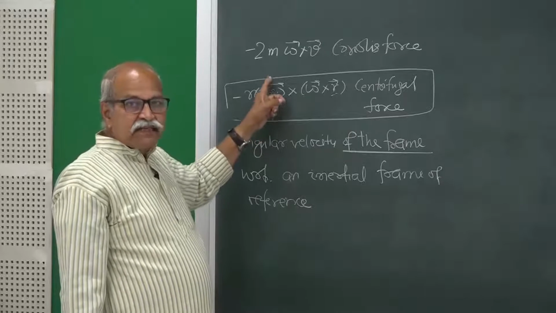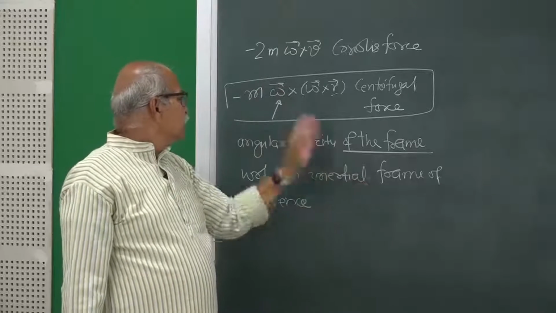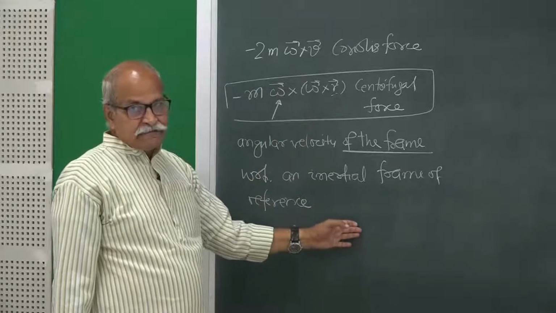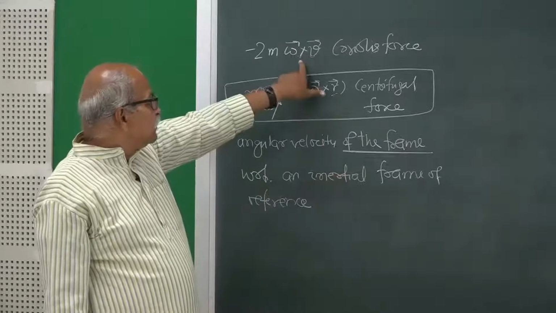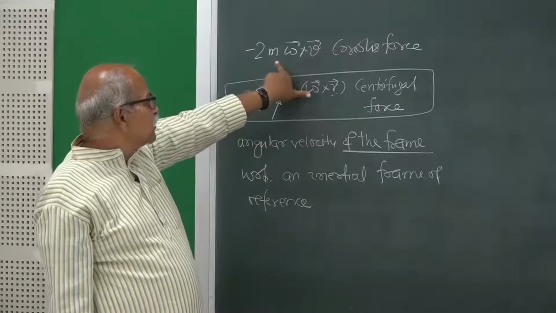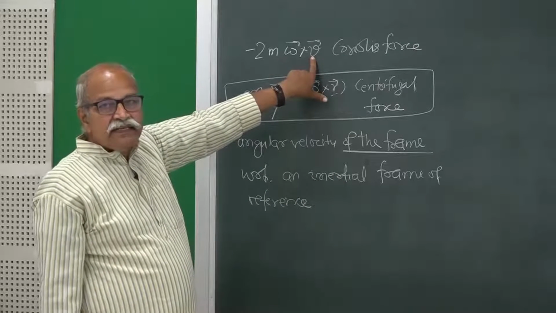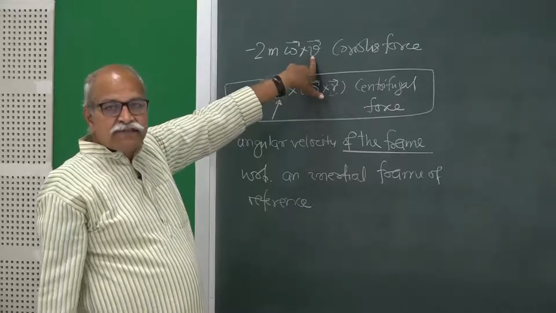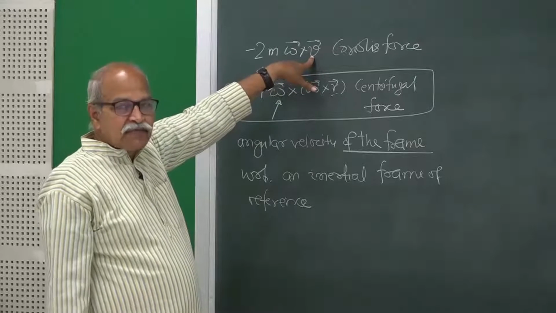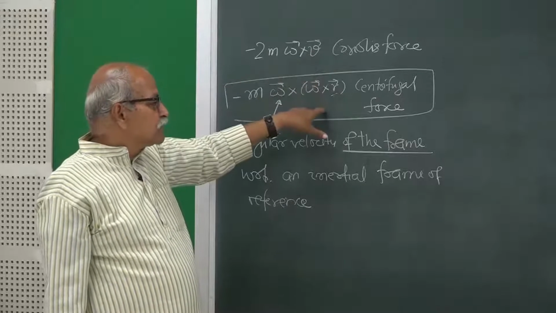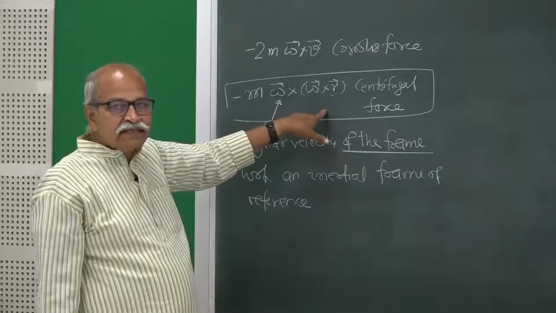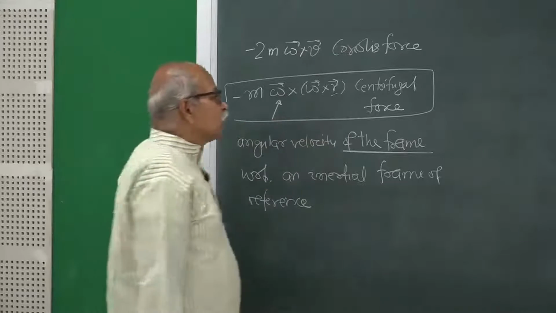If that changes with time, we will have yet another term involving d omega dt. So, if velocity of the particle is 0 in the rotating frame, then I need not consider this Coriolis force, and the only pseudo force is the centrifugal force, and that is what we generally encounter in school physics.